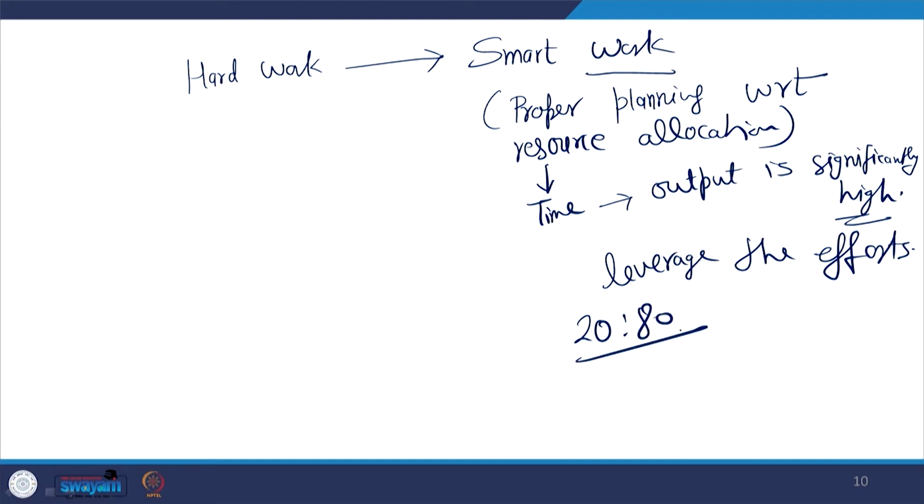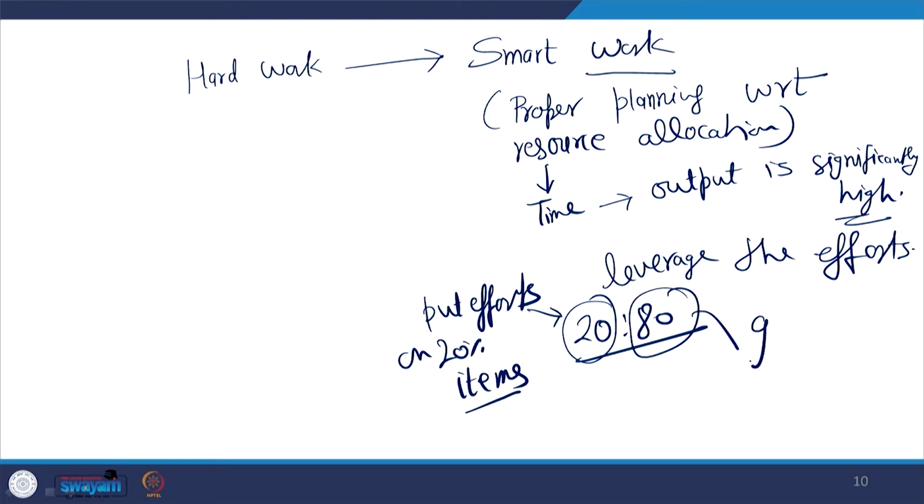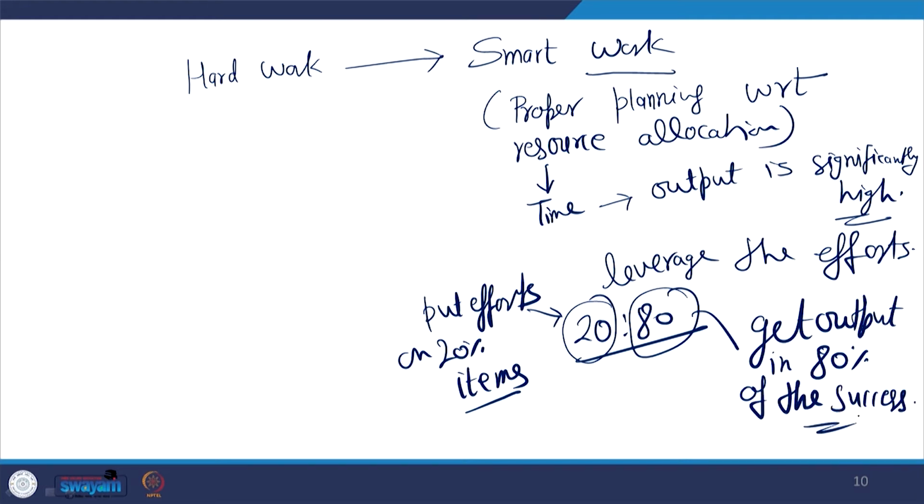Put efforts on 20% activities, put efforts on 20% items, get output in 80% of the success. So, these 20% items are determining 80% success of your organization. So, this is tremendous leveraging of the efforts. That is what the Pareto principle, and that is what this smart work tells us.